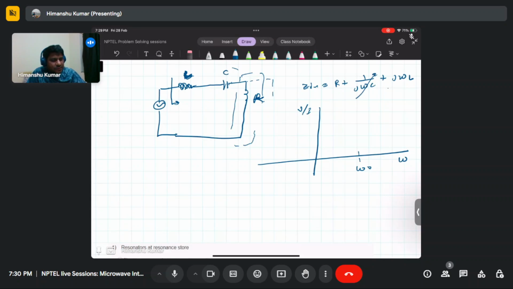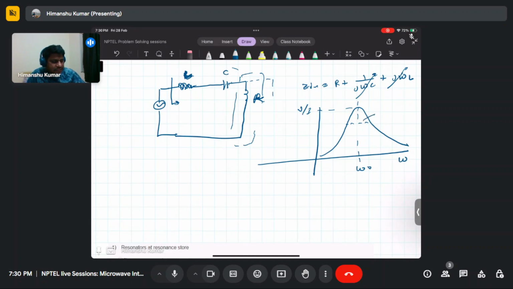This will be equal to 0, your impedance becomes purely resistive, and the power transfer to the load is maximum. At this point you will have maximum power delivered to the load, and you can calculate the quality factor.